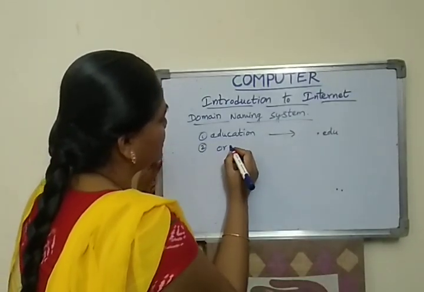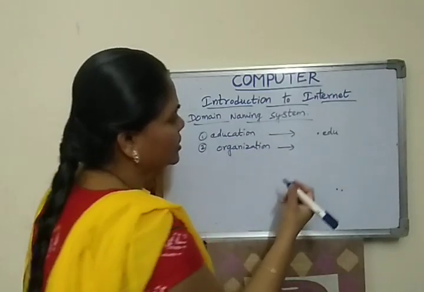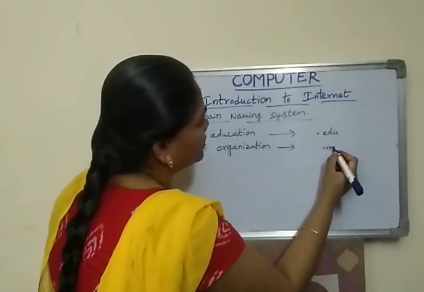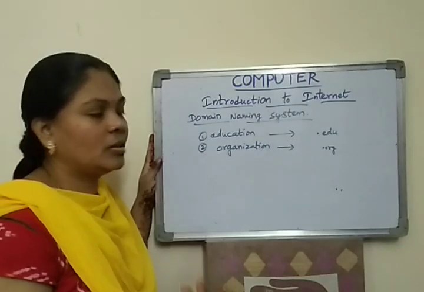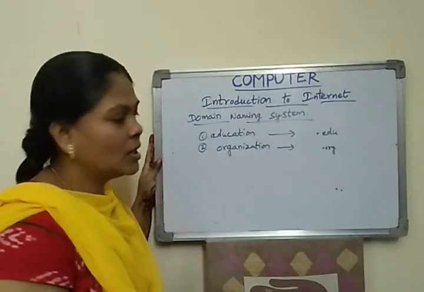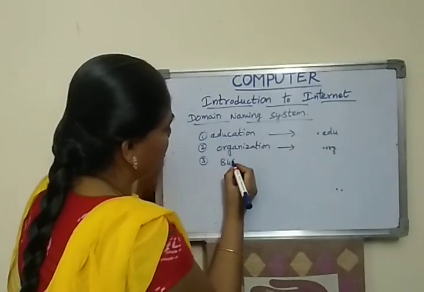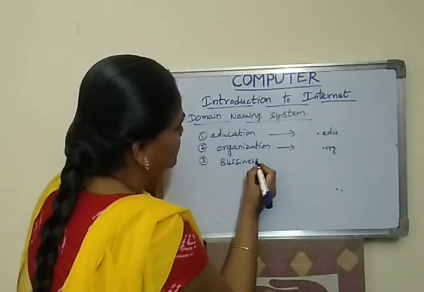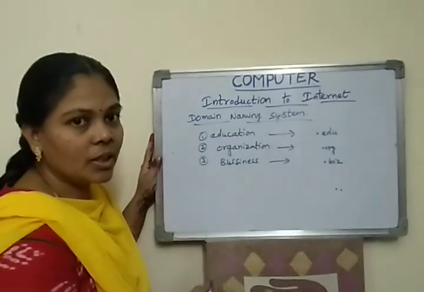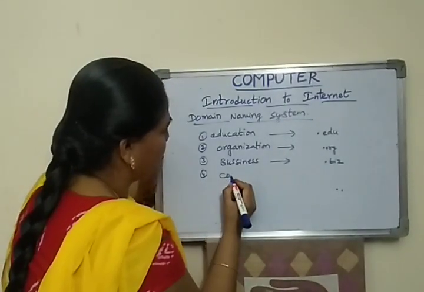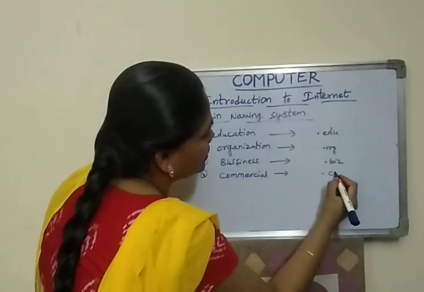Next one is organization, .org. If it is any organization, or any organization kept by individuals, this .org extension is used. Next, business. For business sites, they will give .biz. Next, commercial. For commercial websites, .com is given.